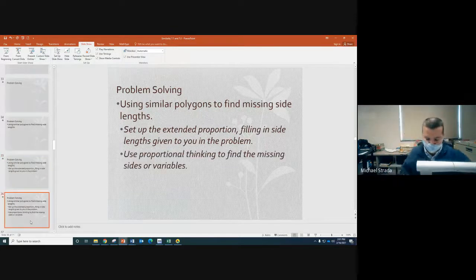Use proportional thinking to find the missing sides or variables. I was about to say angles. No, variables. Because you're not going to use proportions to find angles, because they're going to be congruent. You're just going to match up letters.